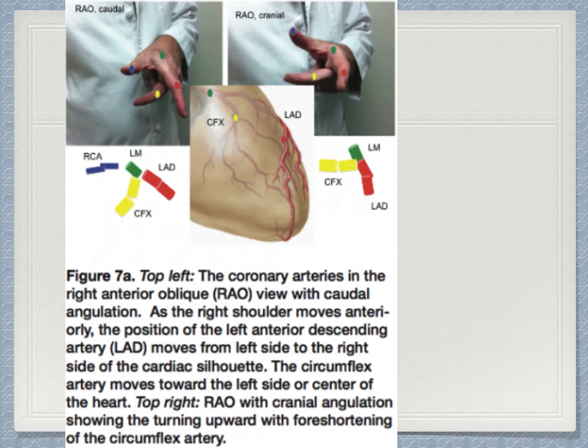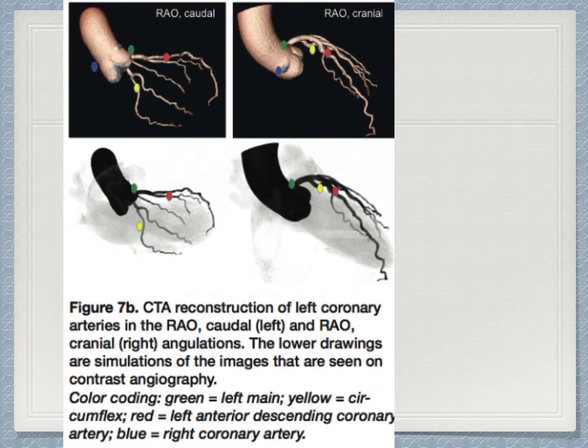This makes sense using the analogy I just used, which is much simpler: point your hand down if it's caudal, and point your hand in a more cranial position if it's cranial. Makes sense, right? This is the reconstruction for RAO projection for the left coronary artery.